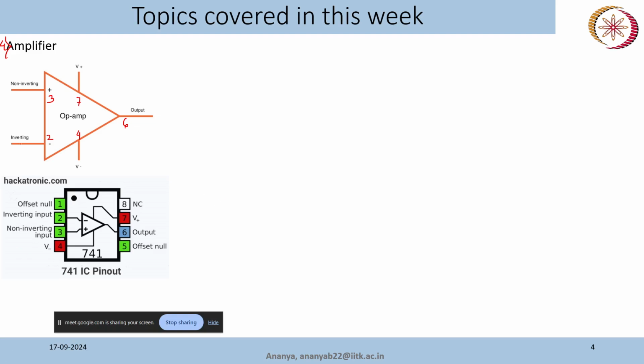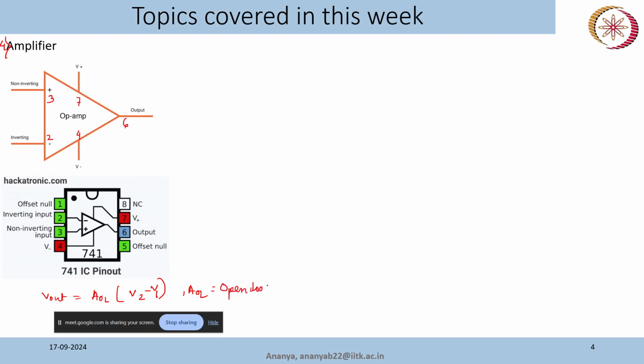In an IC 741, that is in case of an op-amp, so operational amplifier, the output voltage is given by this formula, V out equals A OL times (V2 minus V1), the voltage at the non-inverting terminal minus the voltage at the inverting terminal, and this A OL is known as open loop gain.